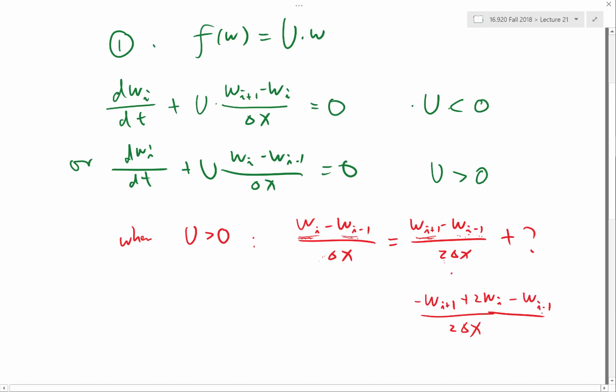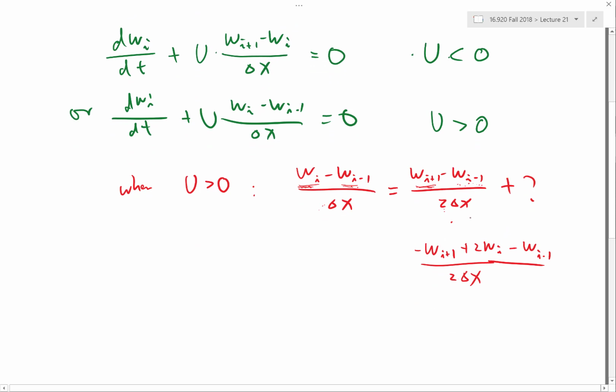So what does this look like? This looks like a second order derivative, right? So basically you have to add a negative dissipation to make it the same as the upwinded scheme.